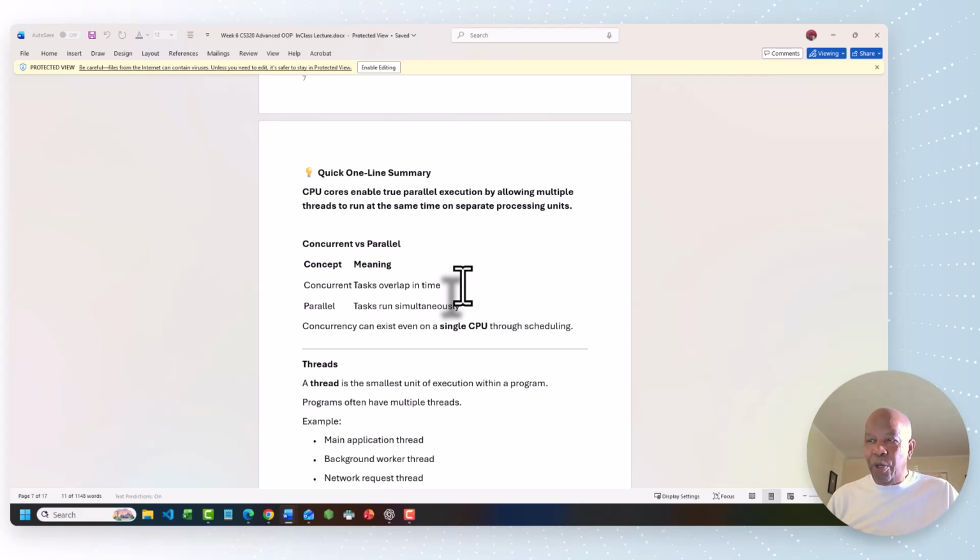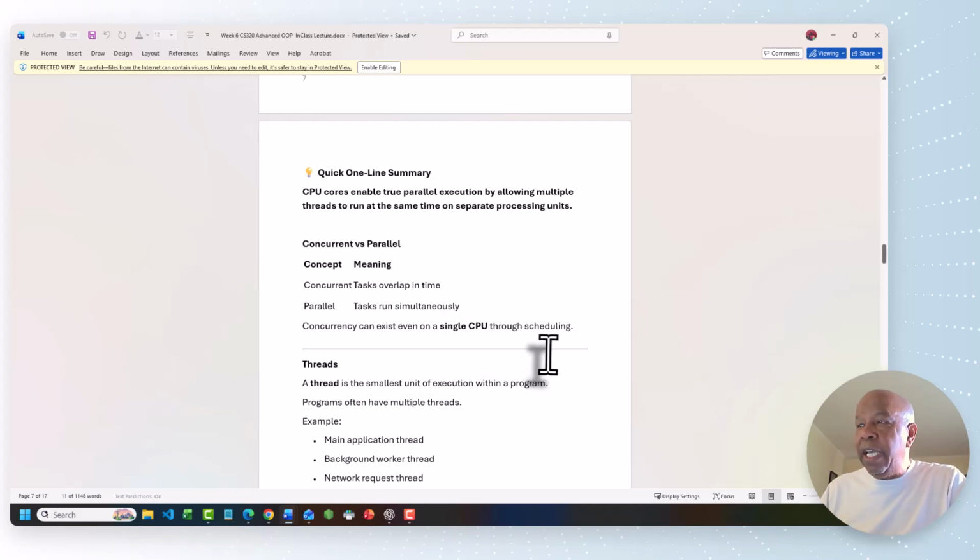I do one, I do two, I go back to one, I do three, I go back to one, I do four. That's concurrency. In parallel, tasks run simultaneously. I have four tasks, and I'm running one, two, three, and four all at the same time. That's the basic difference between concurrency and parallel.